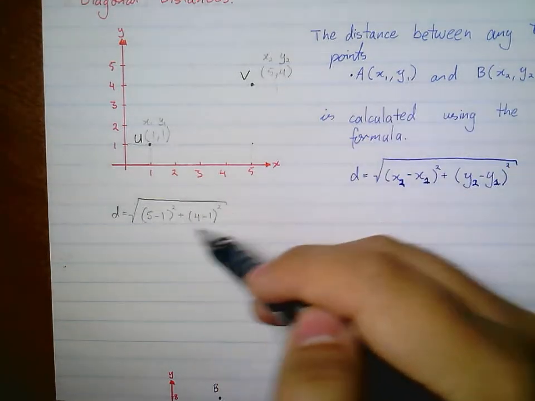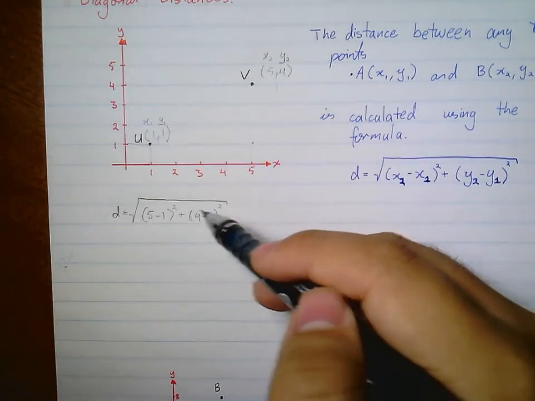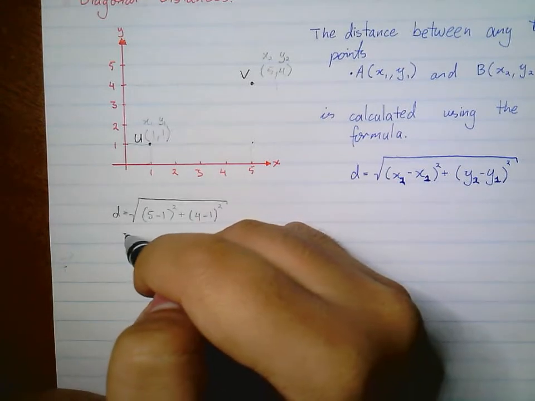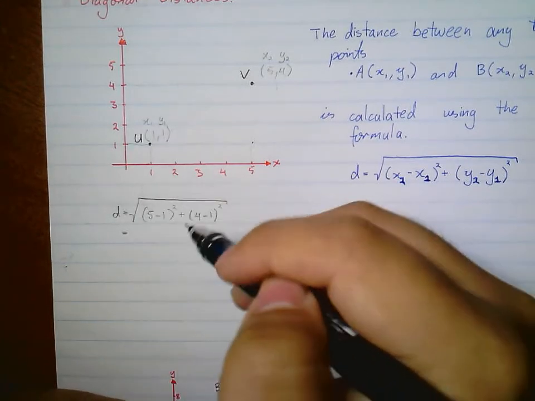At this point you can just type this into your calculator, make sure you get everything right, but I like doing it by hand for as long as I can.